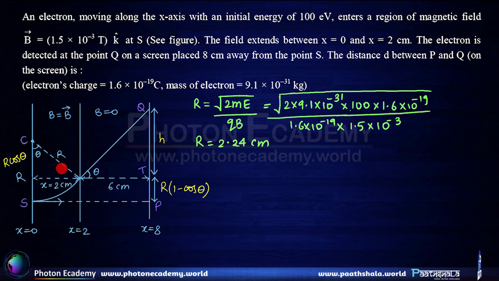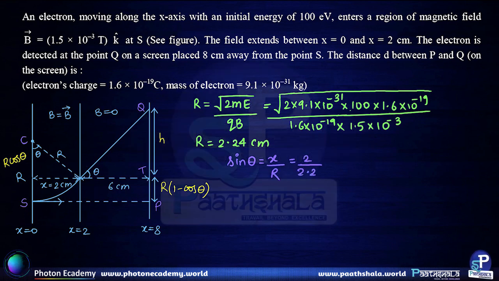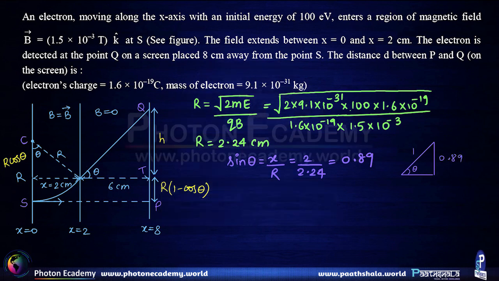Now from here, we can write sin theta equals x by r, which is 2 by 2.24, that is 0.89. For this triangle, we have theta and base comes out to be 0.45.